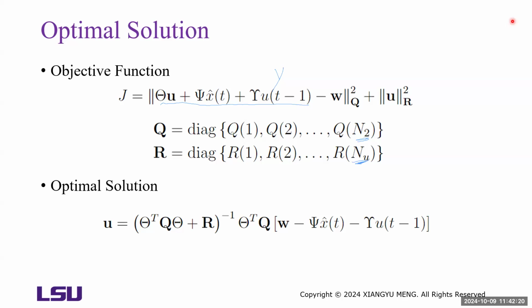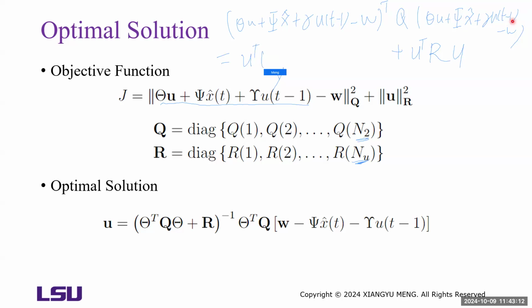If we write this in vector form, writing the norm as a vector multiplication, it will be theta U plus phi x hat plus gamma ut minus 1 minus W, transpose, then the Q matrix, then the same thing: theta U plus phi x hat plus gamma ut minus 1 minus W, plus U transpose R U. Then it can be written in quadratic form.